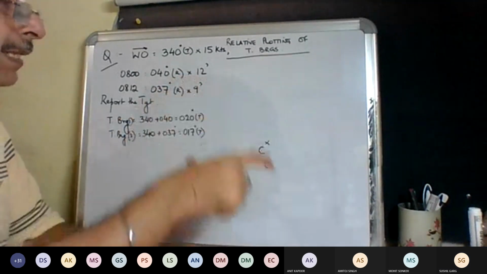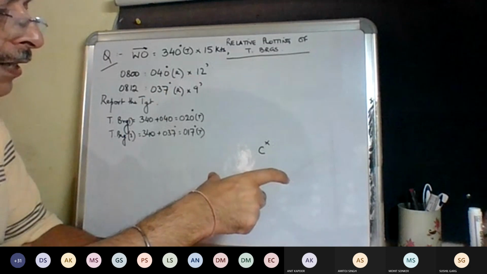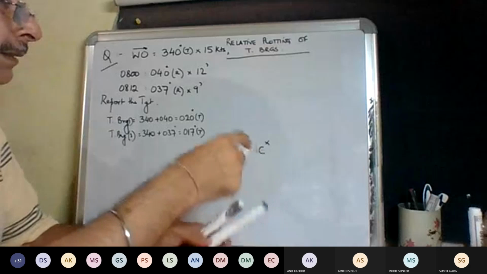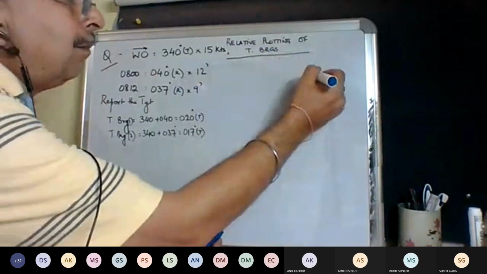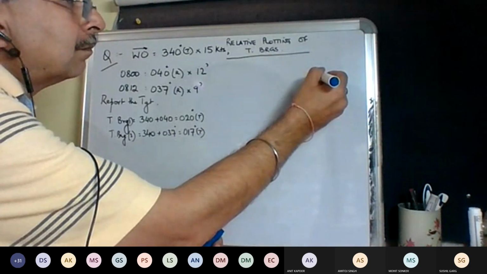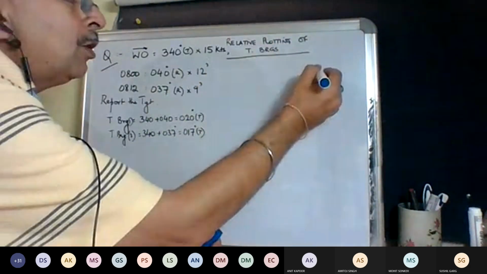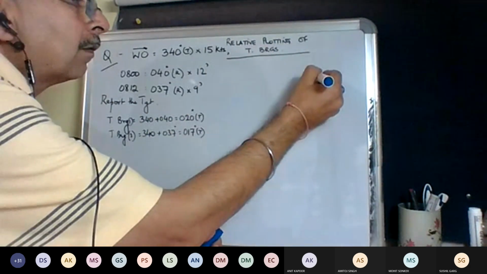Take the scale as 12 miles. Put your divider or compass at 12 miles and mark a point. Put a circle around that point.